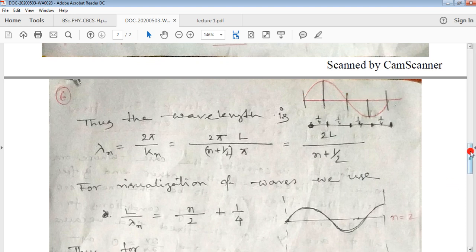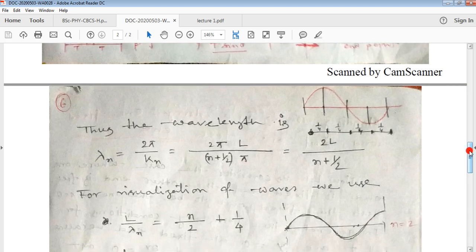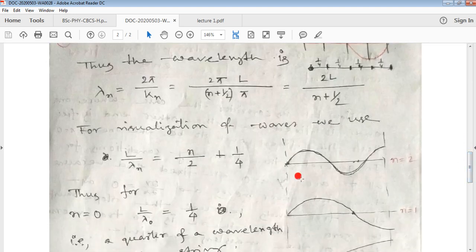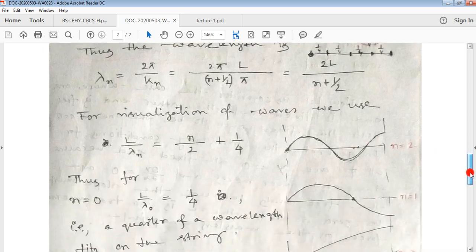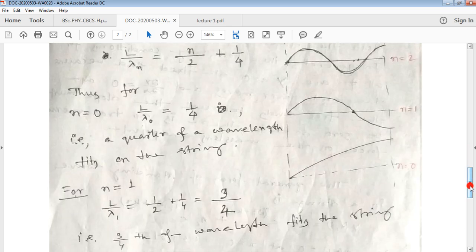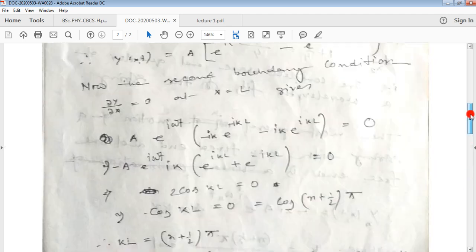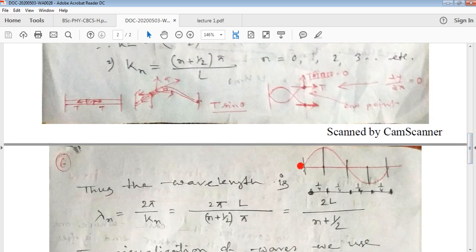So here, for the n equal to 0 case, L by lambda 0 equals 1 by 4, or lambda 0 equals 4L, or L equals lambda 0 by 4. So we will have only 1/4 of the total wavelength. This is the quarter, this portion of the wave, from here to here.